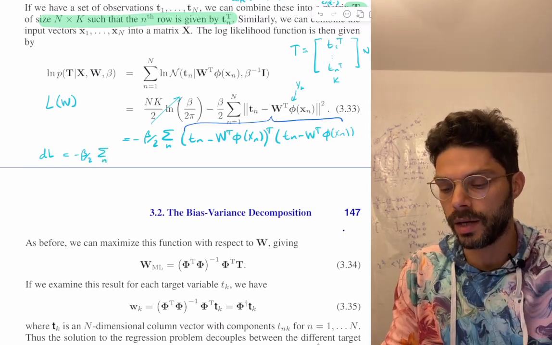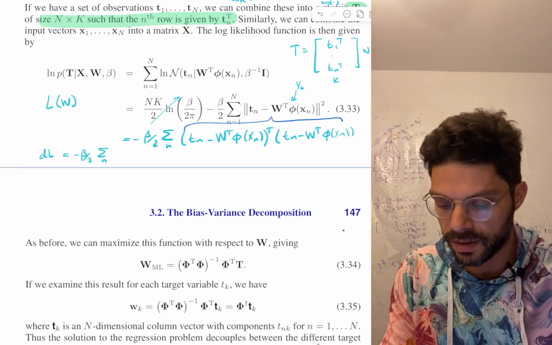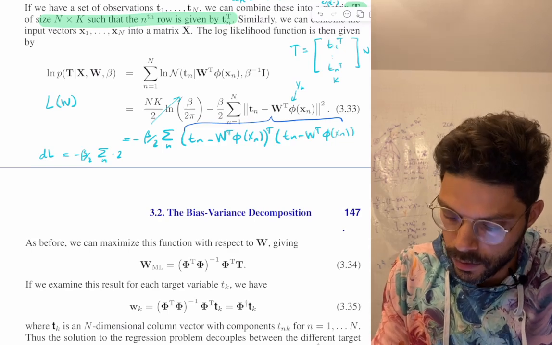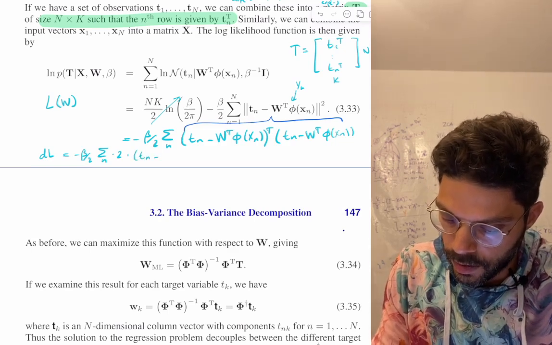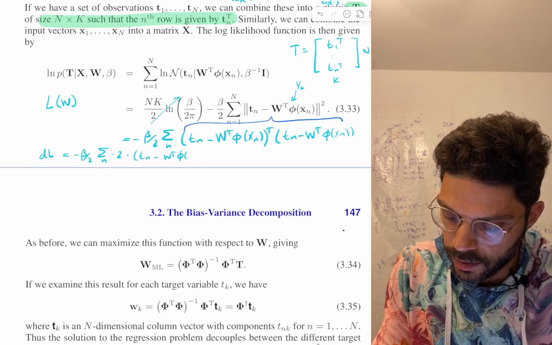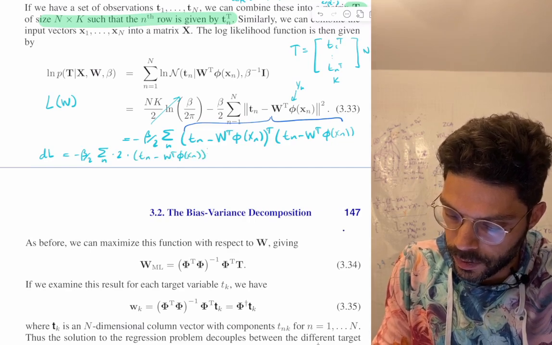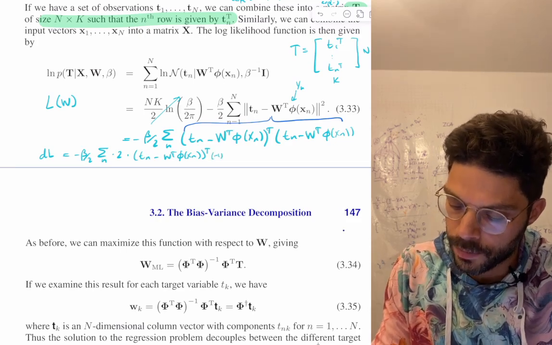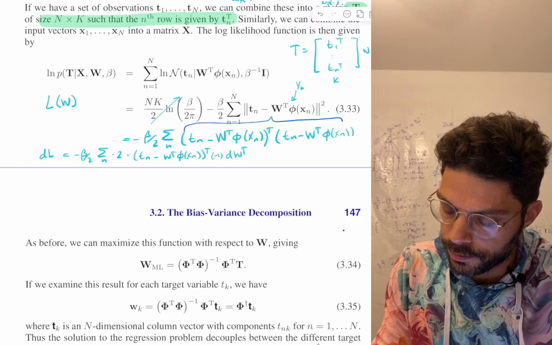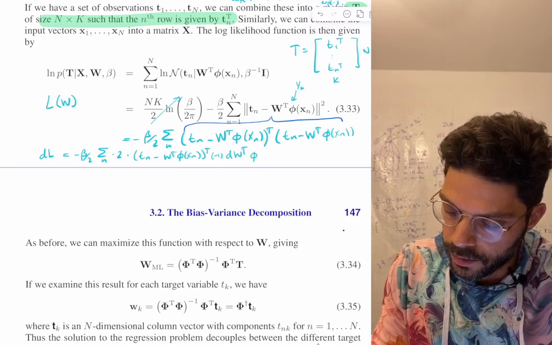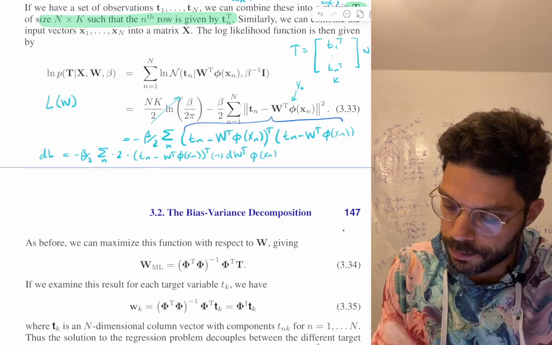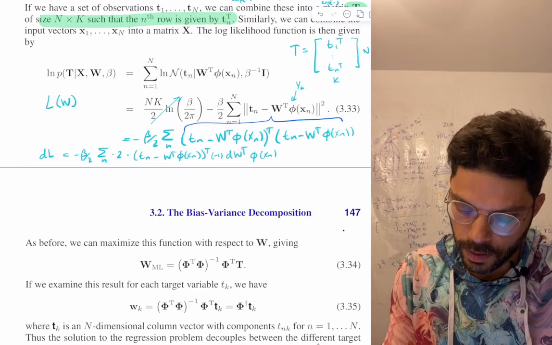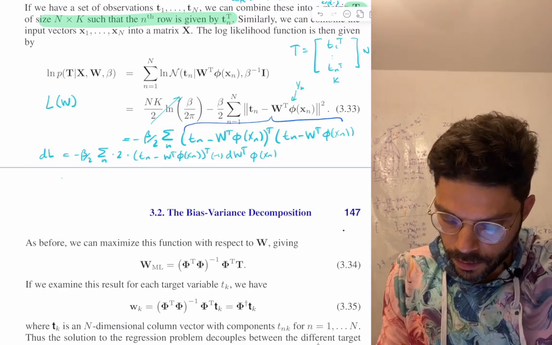And because I've got the same thing transposing itself, there's going to be a factor of 2, times (t_n minus W^T phi(x_n)) transpose, and then there is a minus 1 times dW^T phi(x_n).